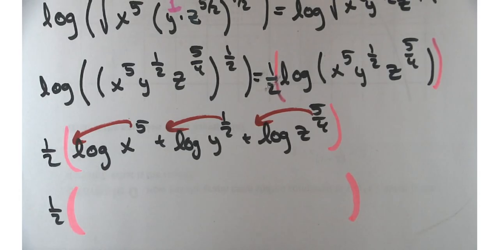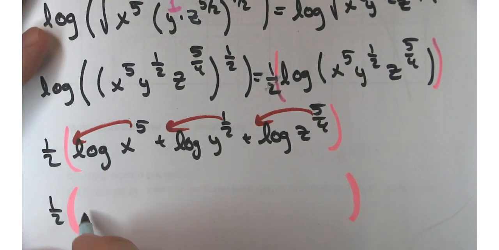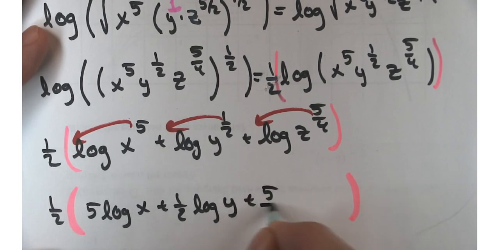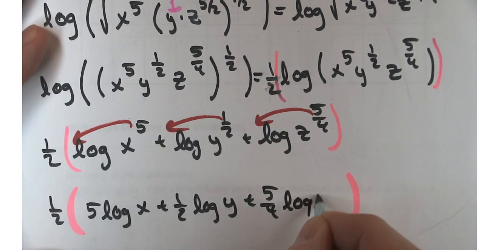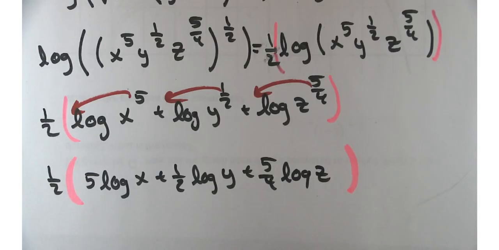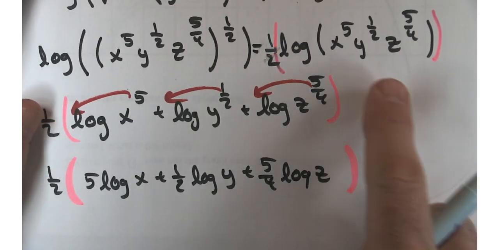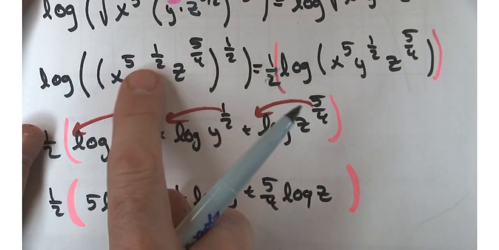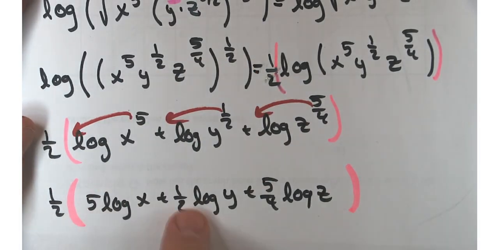So I'll end up with 5 log of x plus 1/2 log of y plus 5/4 log of z. And that's right. You can leave it there, and I'll be really, really happy inside if you do. If I had continued and distributed this here, then it'd be like multiplying all these coefficients by the 1/2.